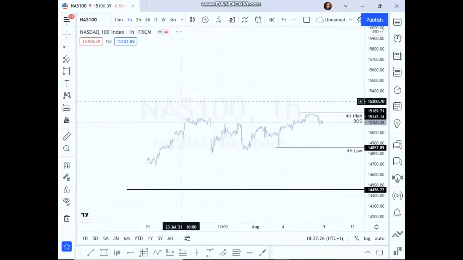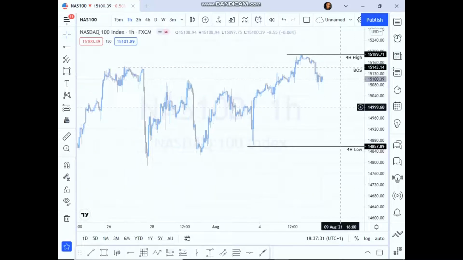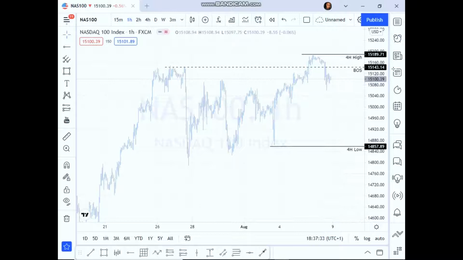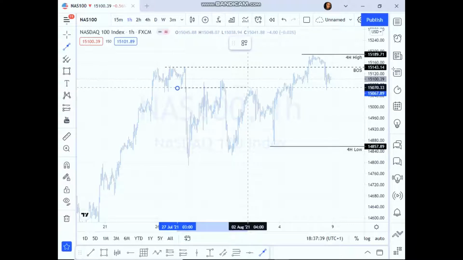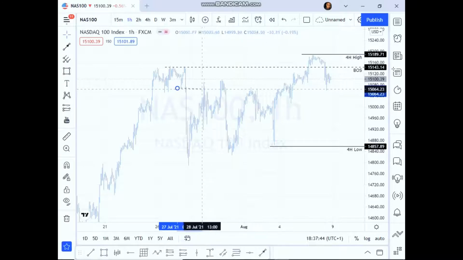On the hourly time frame, so you can actually see everything, I'm going to be marking out my breaks of structure, some of the important ones, which we had one right here. Yeah, this is good enough for me.